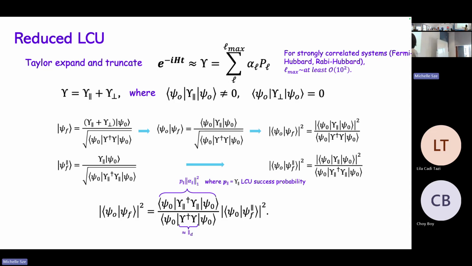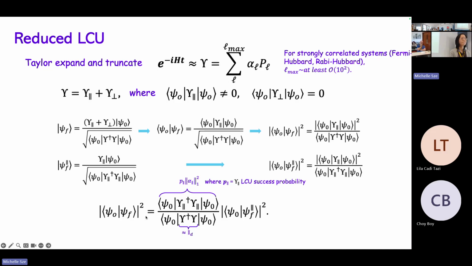So we approximate this to be equal to 1. By doing LCU, you automatically know the success probability and the L1 norm of the coefficients. From there, you can process the data and obtain your desired squared overlap quantity.